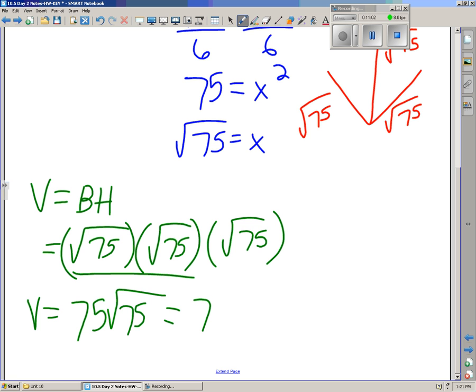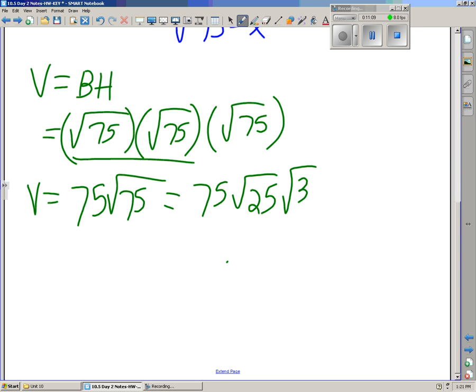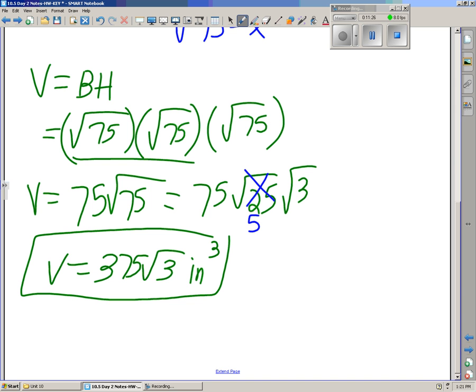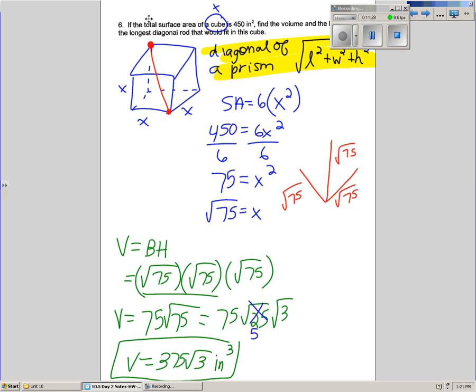And we know that radical 75, because here is now where we're going to simplify this a little bit, becomes radical 25 times radical 3. 5 drops out. So the volume ends up being 75 times 5, or 375 radical 3 inches cubed. So that ends up giving you the volume. So we've got the length of the side, we've got the volume. All that's left to do is the longest diagonal.